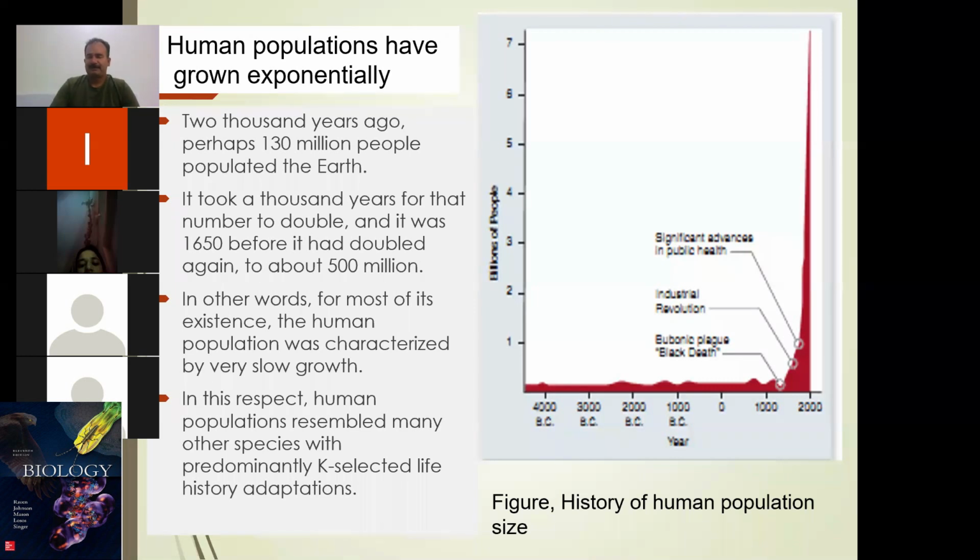After 1650, what happened? There was the industrial revolution, and we controlled the diseases. Medical facilities became available to most individuals on the planet. And after that, the human population growth curve, which was sigmoid or logistic growth, once again converted into a J-shaped curve, that is exponential growth.